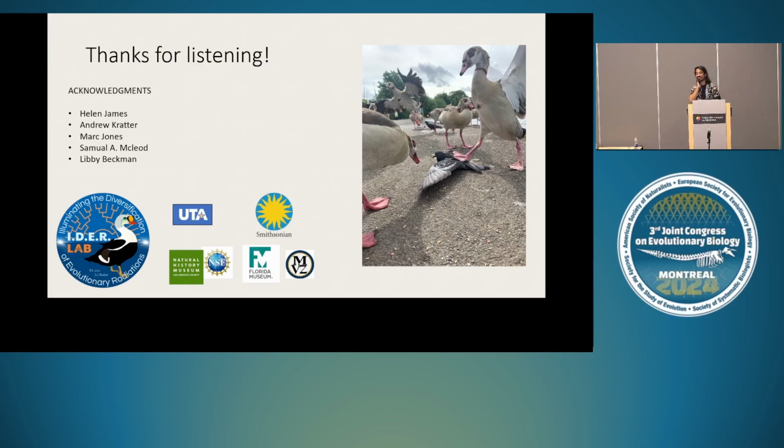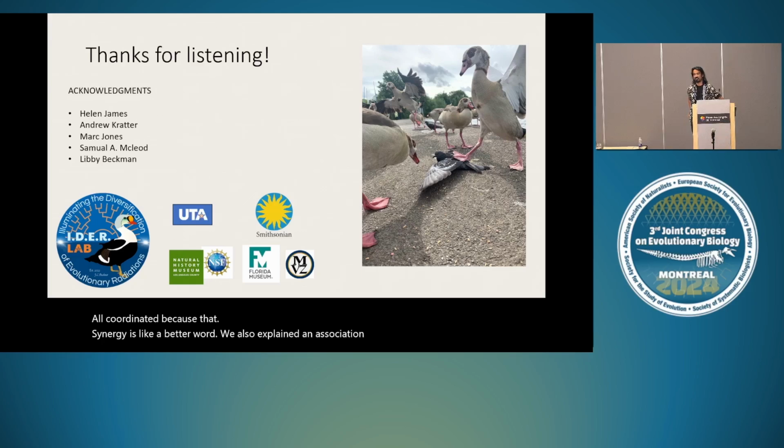Are diet, size, and foraging all coordinated? Well, what threw that off is, one, size was correlated, but it was a very weak signal, and also the fact that the tibiotarsus just wasn't associated with size at all, and that if anything is very associated with the posture of the bird.